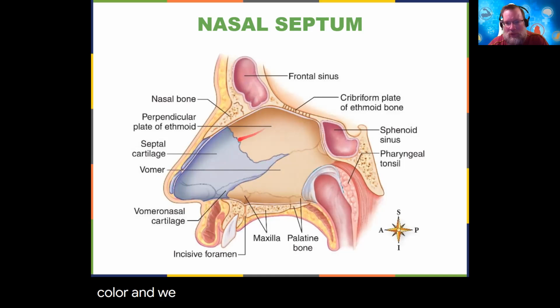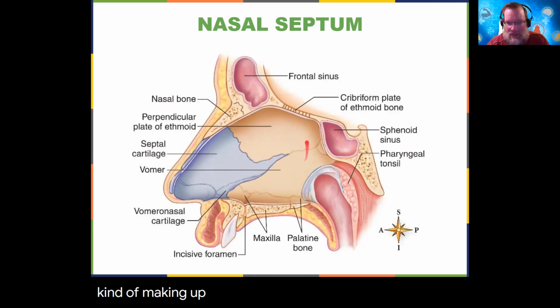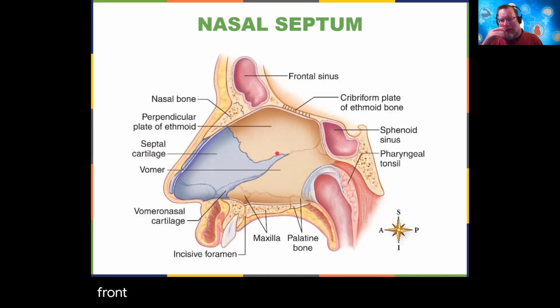And we see the ethmoid bone, the cribriform plate, and the perpendicular plate of the ethmoid. And then the vomer or the plow bone, along with the maxilla and palatine, making up the floor. But that nasal septum is primarily going to be these four structures. We're going to see the cribriform or the perpendicular plate of the ethmoid, the vomer, and then we've got some cartilage out front. I don't know how important it is for you to know the exact specifics of the nasal septum.